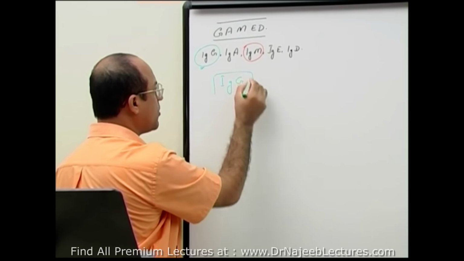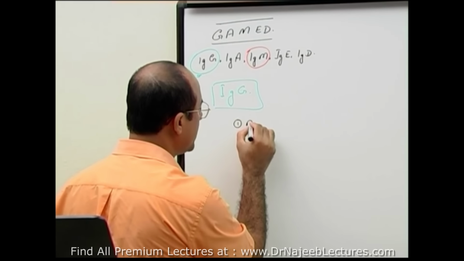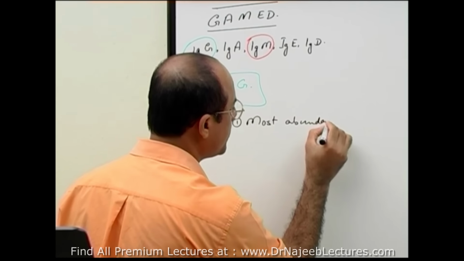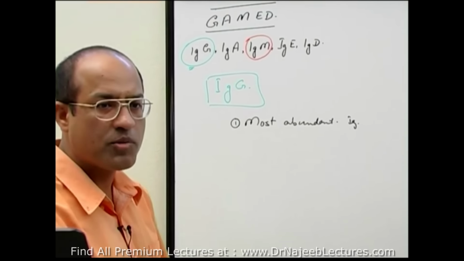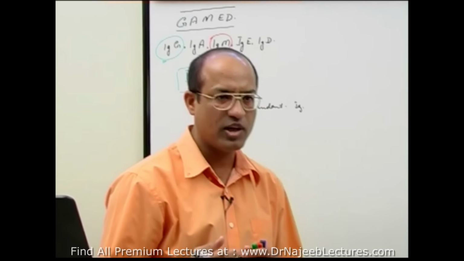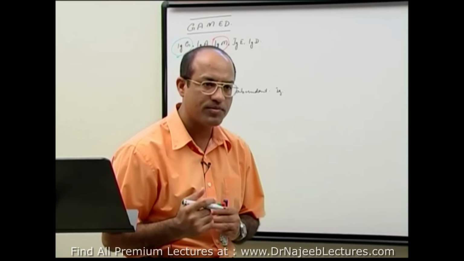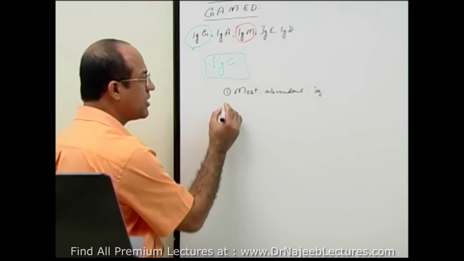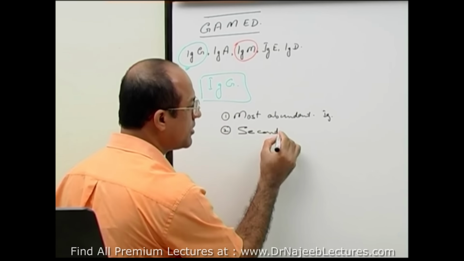Number 1, it is the most abundant immunoglobulin in your body. You know why? Because with repeated infections, immunoglobulin G keeps on accumulating, right? You must be knowing that immunoglobulin G is the antibody of the secondary response.